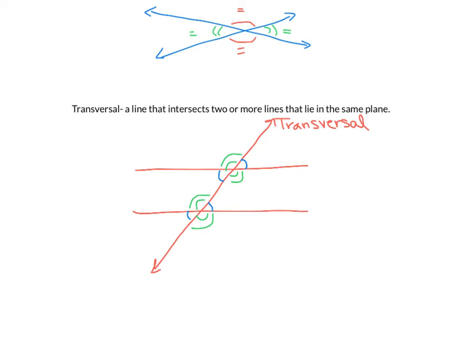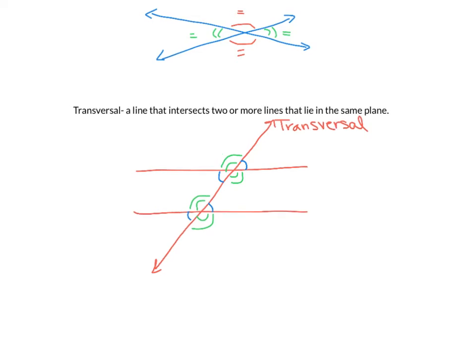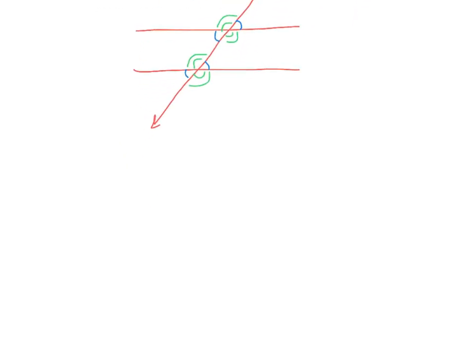We can also look at some other diagrams of this picture. And we can say the following is true. We can say that this and this are equal, like we talked about, and this angle and this angle are equal, like we talked about.